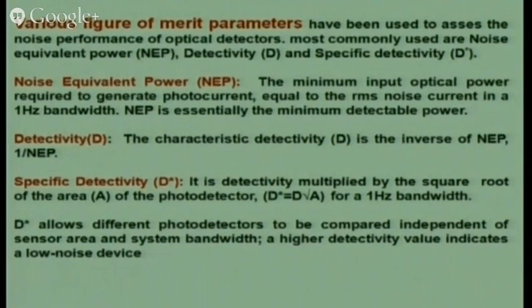So if I want to work at high speed, I should look for smaller area photodiodes, right? Within these smaller area photodiodes, I must look at the NEP and the specific detectivity of that area, and detectivity gives me this specific detectivity so that I can compare. Larger the specific detectivity, better the photodiode, right?